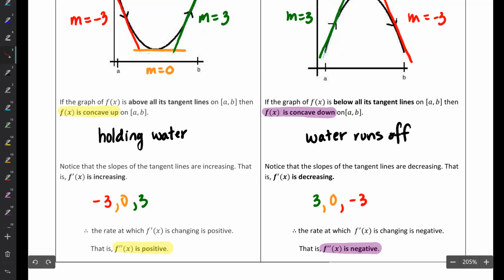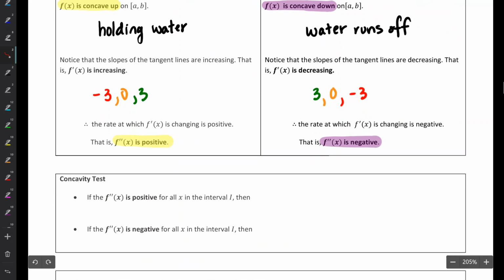And we actually talked about this in a previous lesson. We noticed that if acceleration was positive, the shape of the position function was concave up. If acceleration was negative, the shape of the position function was concave down. Right? So understanding this really is our second derivative test.